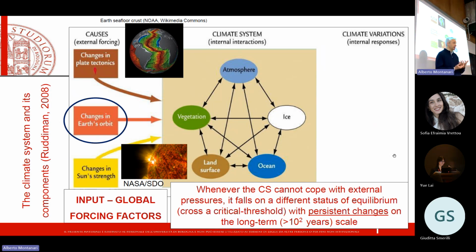Ocean circulation determines the transfer of energy in terms of heat between different parts of the Earth system. And therefore, if there is a change in ocean circulation, it's a change in climate.